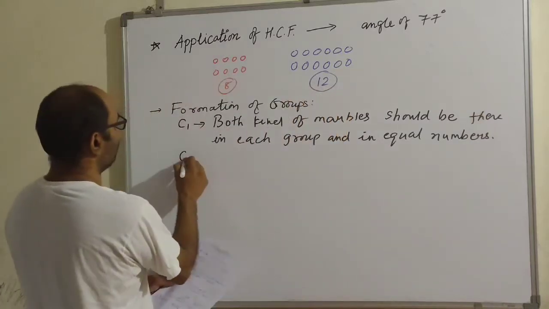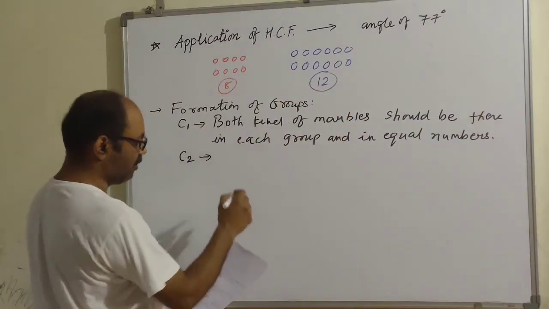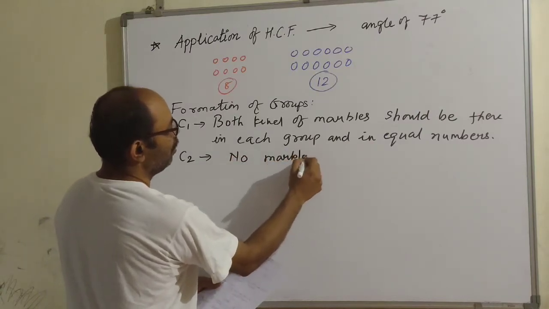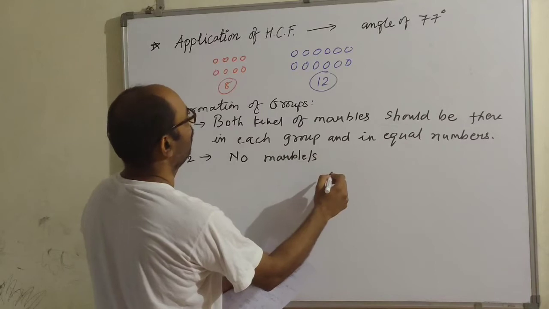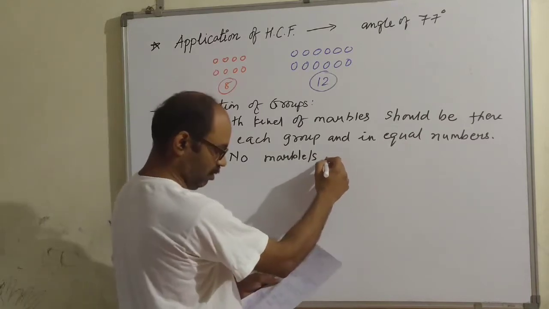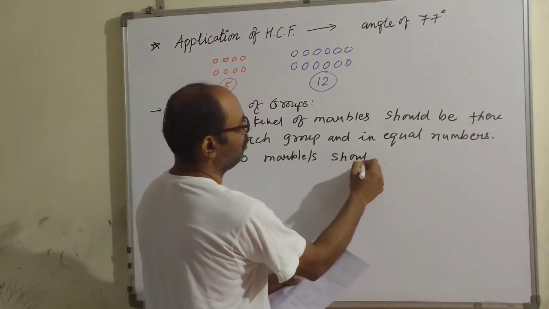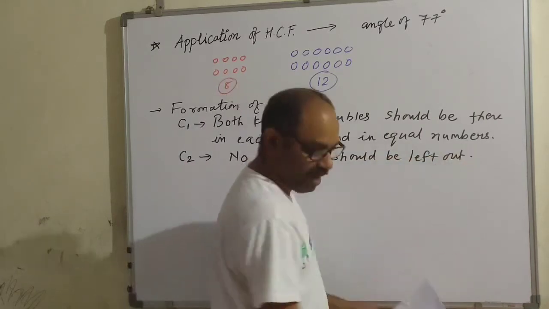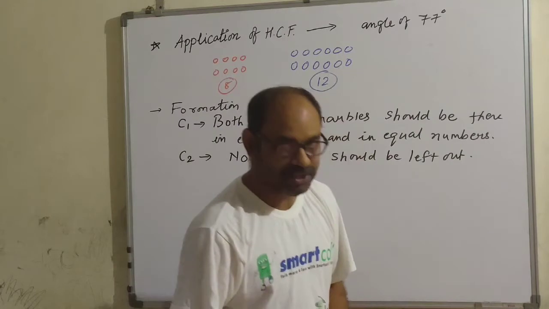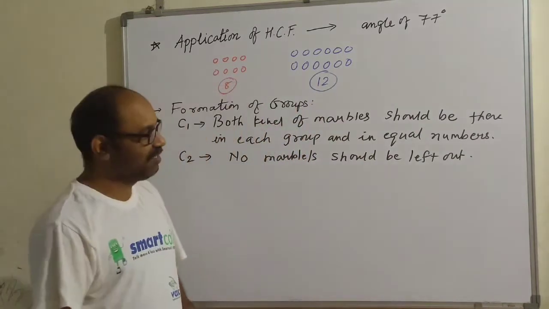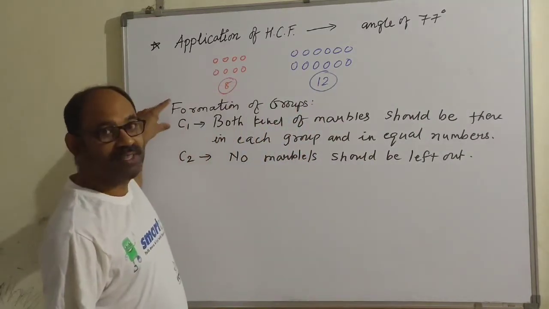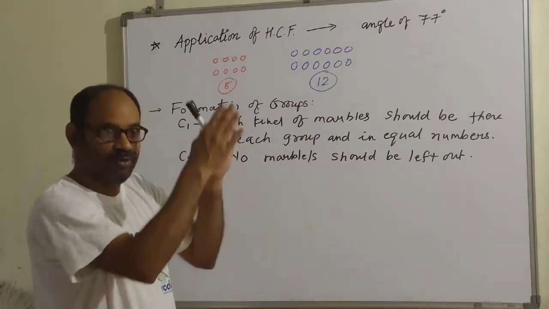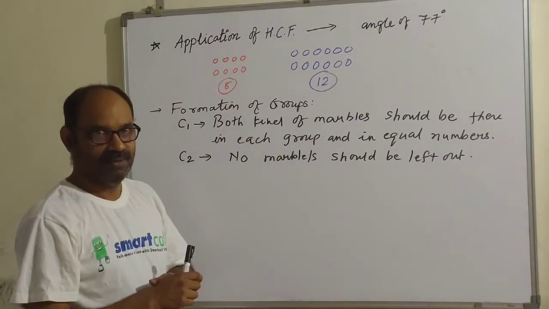And the second condition of the game is no marble or marbles should be left out at the end of group formation. Once again, what is the game? With the help of these two kinds of marbles, I am going to form the groups.